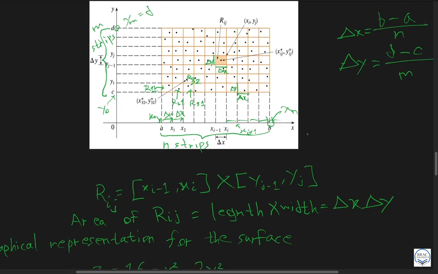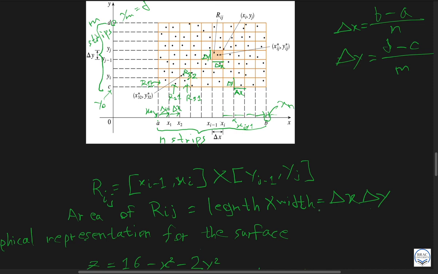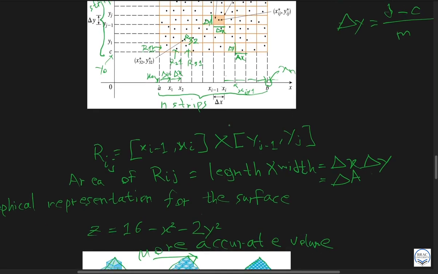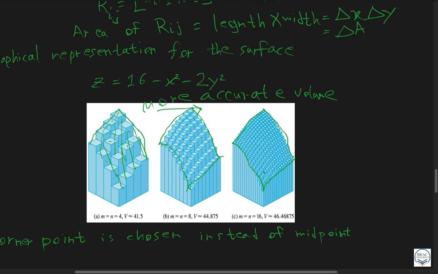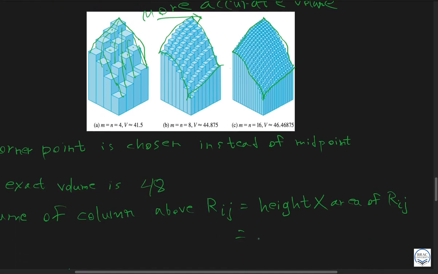Now, what is the volume of each of these rectangular columns? For that, we need the rectangular region Rij. We need the base area of this region, and we know that this is delta x times delta y, but for convenience we will write this product as delta A. And we also need the height of each of these columns.